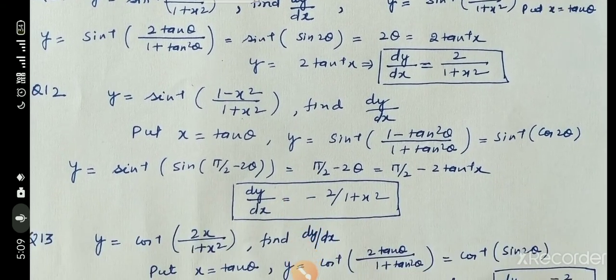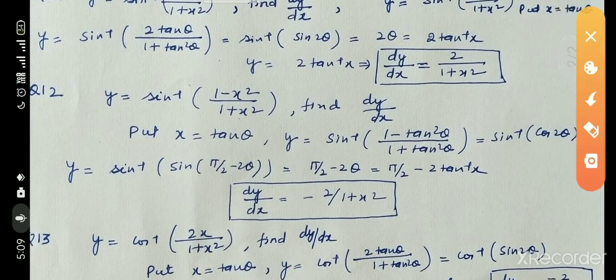Here y is equal to sin inverse (1 minus x square) divided by (1 plus x square). Find dy by dx. Simply put here also x is equal to tan theta. y is equal to sin inverse (1 minus tan square theta) divided by (1 plus tan square theta). And you know that (1 minus tan square theta) divided by (1 plus tan square theta) is cos 2 theta. So we put here cos 2 theta. Now there is a problem because outside it is sin inverse and inside it is cos.